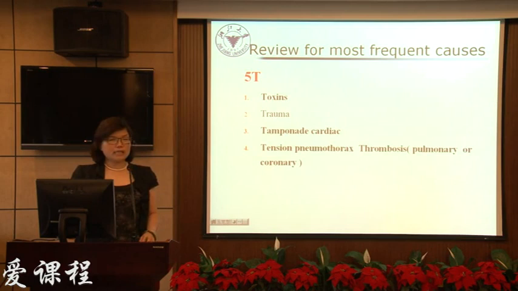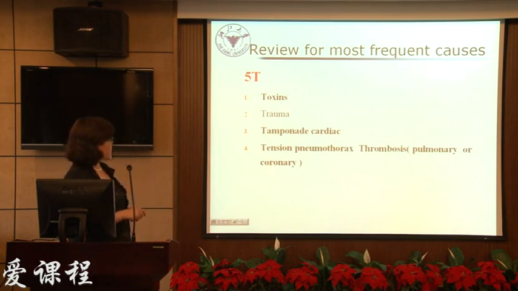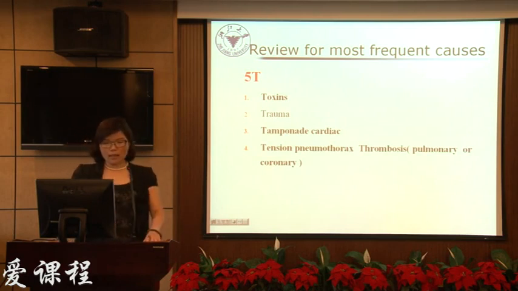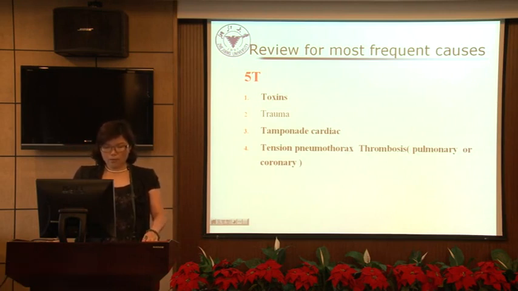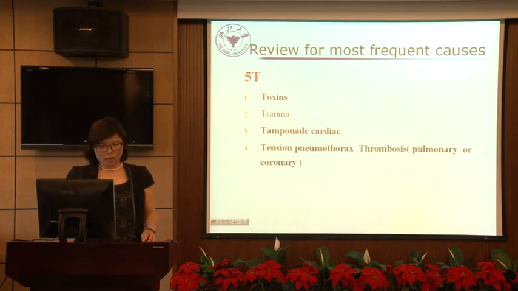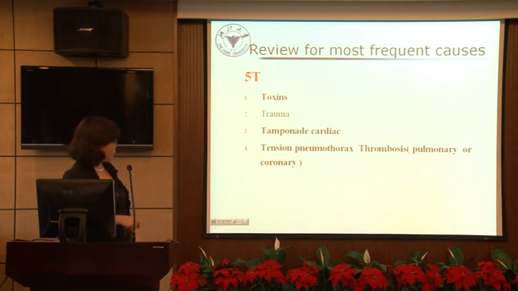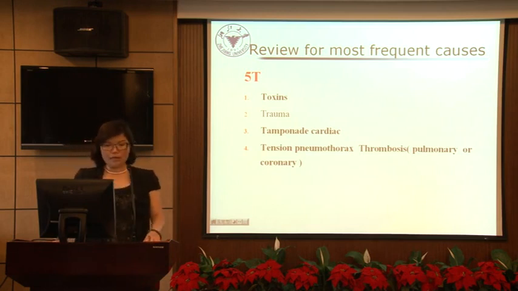And another is 5T: toxins, trauma, tamponade cardiac, tension pneumothorax, and thrombosis, sometimes pulmonary or coronary thrombosis. The 5Ts are also among the most frequent causes of cardiopulmonary arrest.